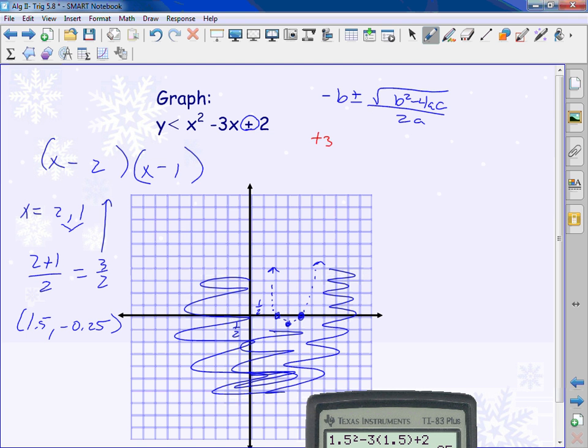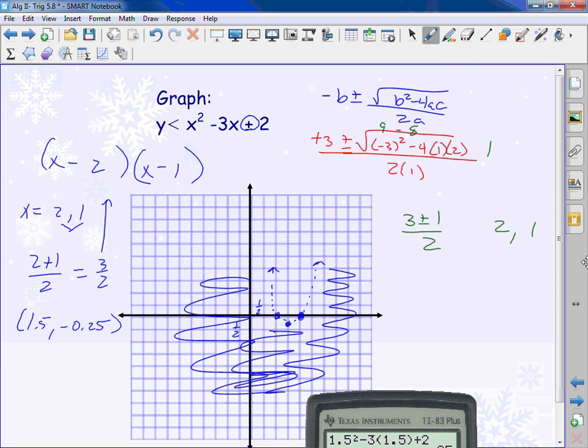Negative 3 gives me positive 3 plus or minus square root negative 3 squared minus 4 times 1 times 2 all over 2 times 1. 3 squared is 9. 4 times 2 is 8. 9 minus 8 is 1. Square root of 1 is 1. 3 plus or minus 1 all over 2. 3 plus 1 divided by 2, 3 minus 1 divided by 2. I still got the same zeros.